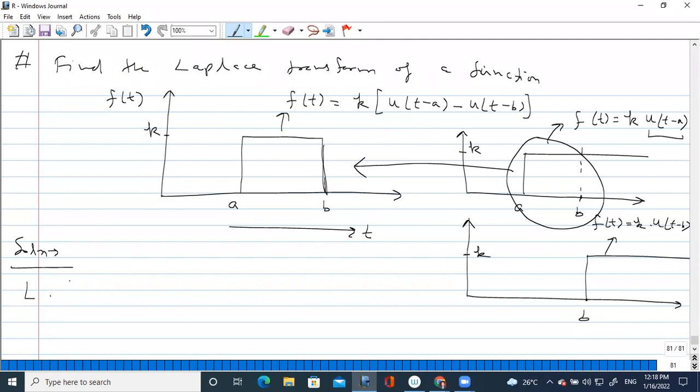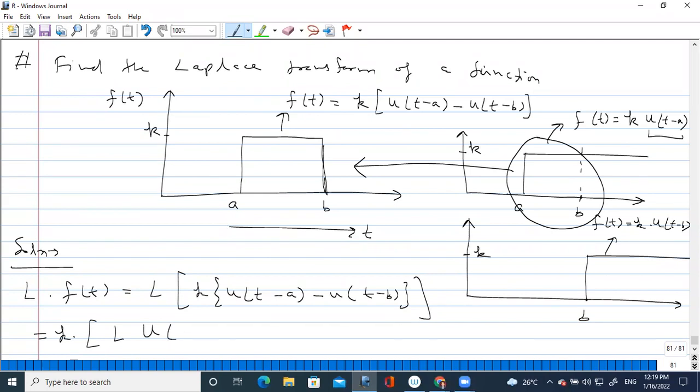So now Laplace of f(t) will be Laplace of k into u(t minus a) minus u(t minus b). Now k will come out. You have to find Laplace of u(t minus a) minus Laplace of u(t minus b). Now the formula I told you, we have proved today only.